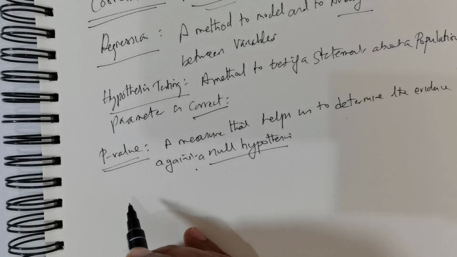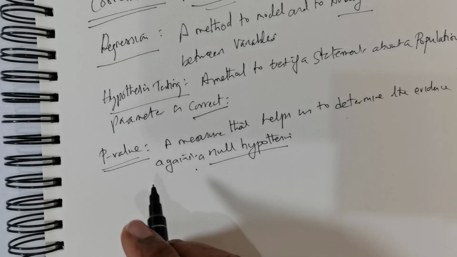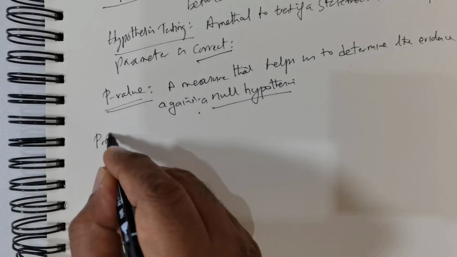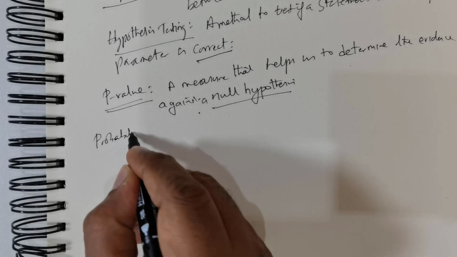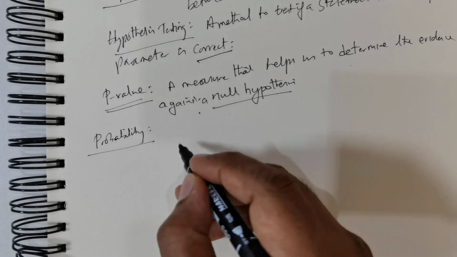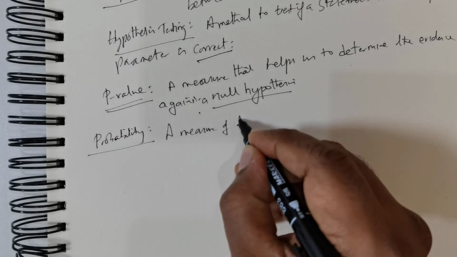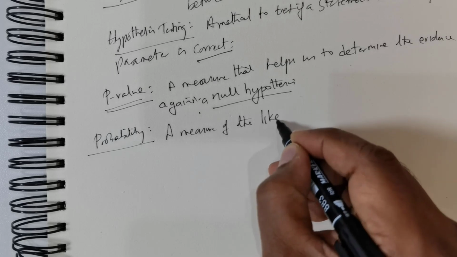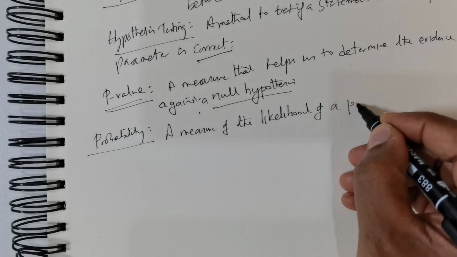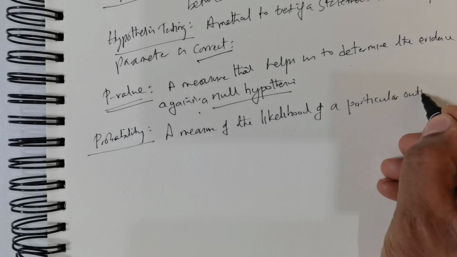Now we will have to learn about probability. That is also important. Some terms regarding probability I wish to give. So I'll start with probability. Now what do you mean by the term probability? It is nothing but a measure of the likelihood of a particular outcome.